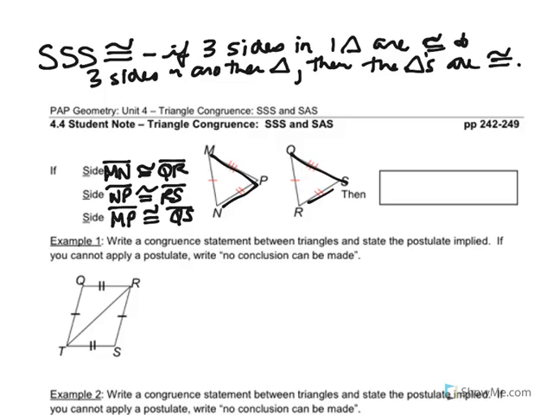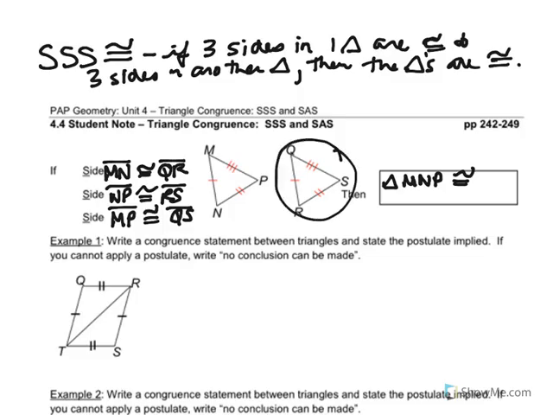Okay, so if those things are true, then we can say triangle MNP, and generally we're going to write the name of the triangle, try to do it in alphabetical order, but just remember that no matter what order you put it in, because it isn't necessary to put it in alphabetical order, whatever order you put it in, the second one has to match it.